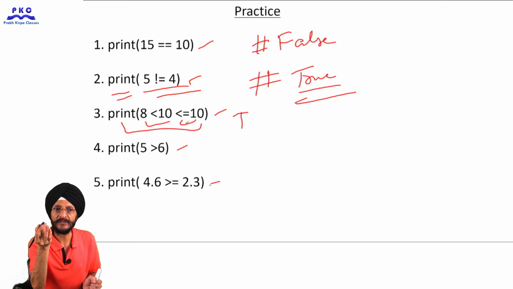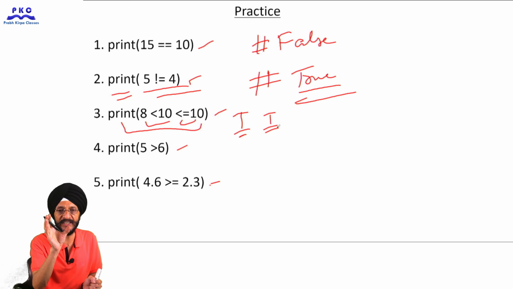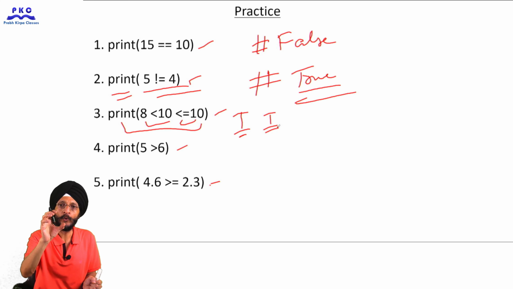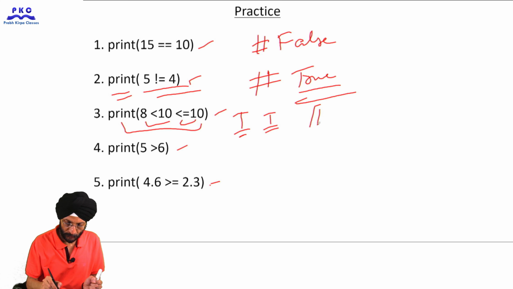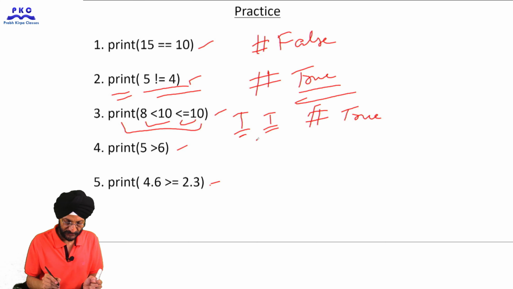Either of the two conditions works. Here 10 is equal to 10. It is true. That is, first part is true, second part is true. In case of chained comparison, both the conditions have to be true for the overall result to be true.